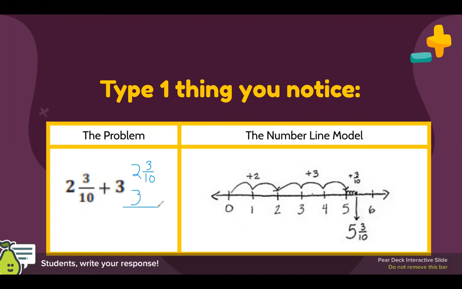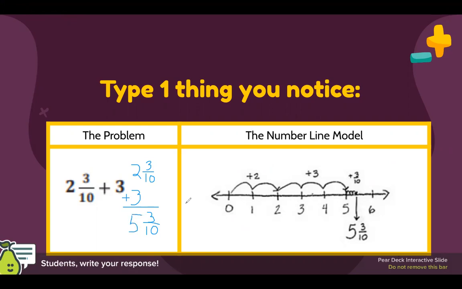So if we were to add the fractions first, it would just be a simple bring down to 3/10. That's pretty simple. Then we add the 2. Whoops, forgot to put the plus sign in here. 2 plus 3 is 5.